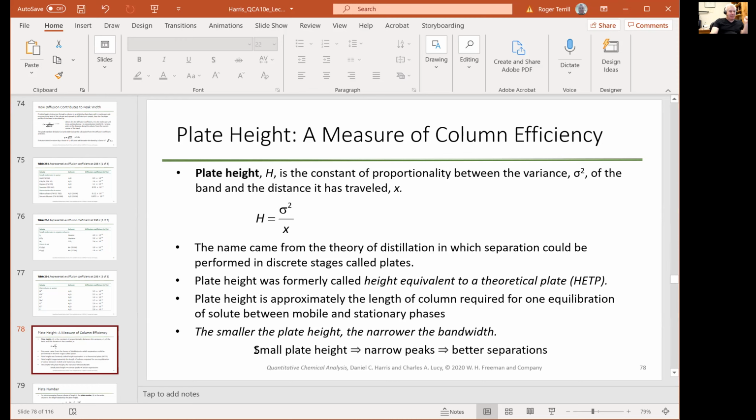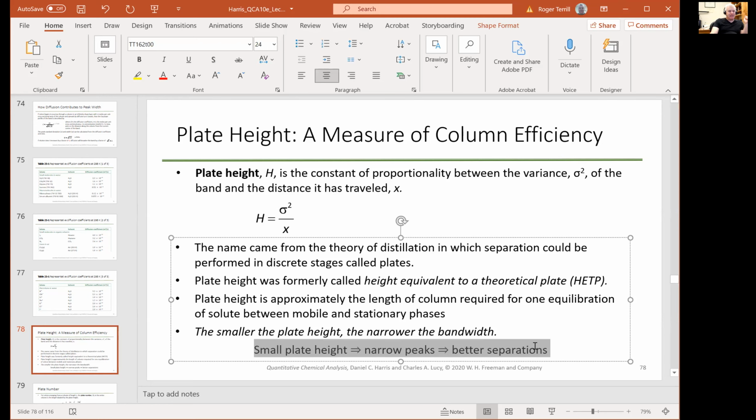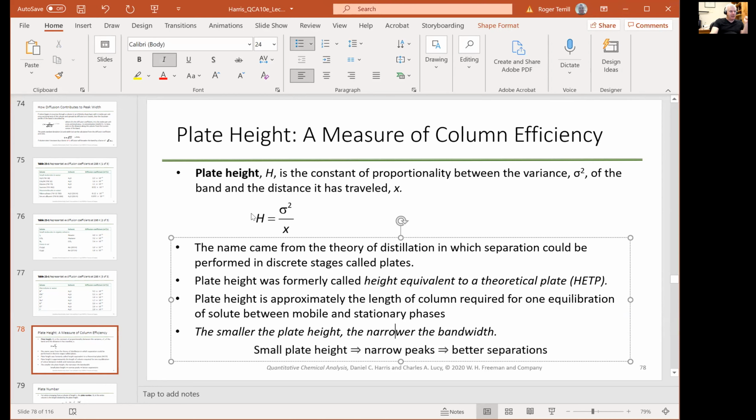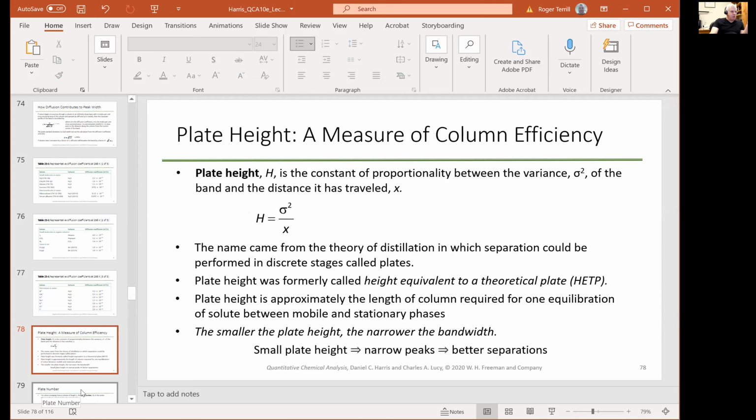So a small plate height means a better separation. So a small h value means sigma is small relative to h. And so a small plate height is good.